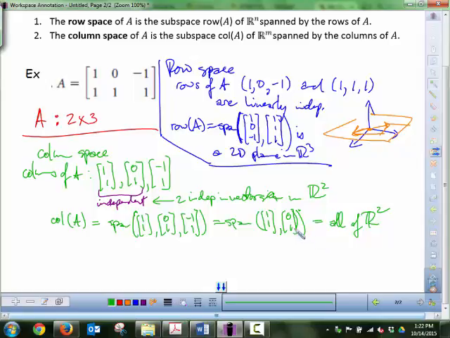And so what we're saying is, let's get that visual for R2 here. So this vector 1, 1, and there's a vector 0, 1, and then now there's a third vector, negative 1, 1. I can really just erase one of those vectors and I would still span everything.